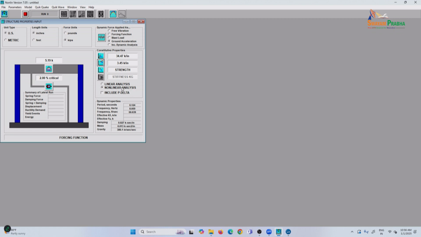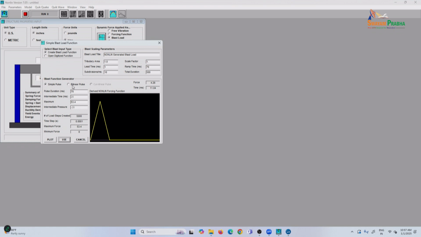Time period 124, that's fine. And then we are applying 13, pulse duration is 8.3. Pulse itself is 13.9. The area is 10368, tributary area.